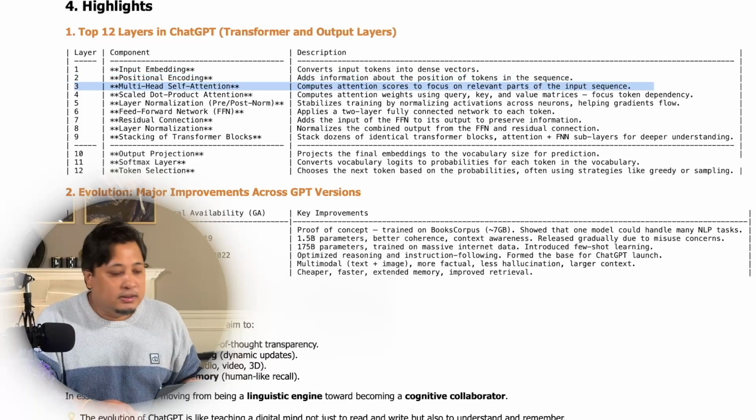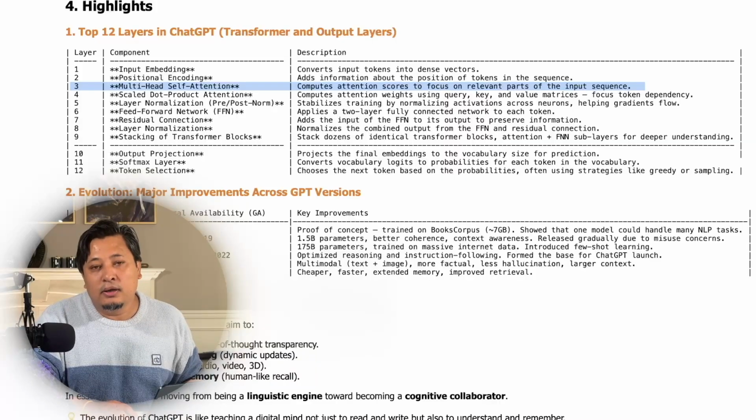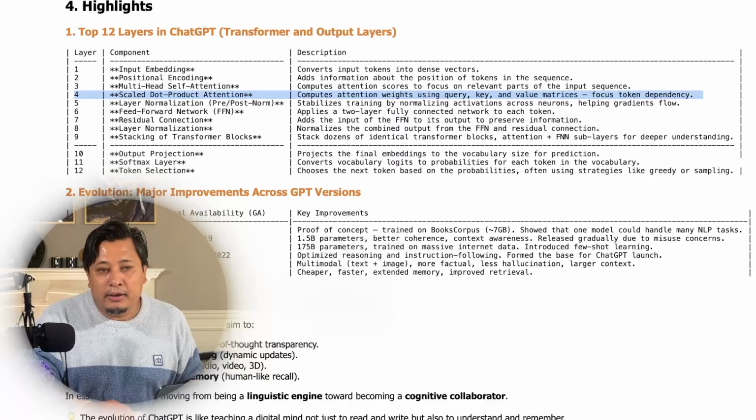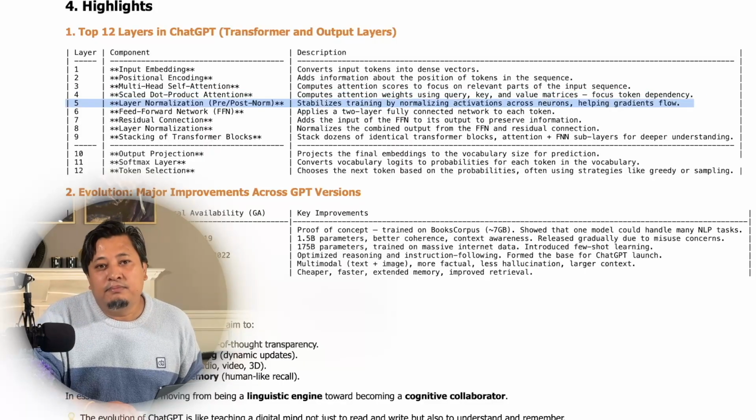The third is the multi-head self-attention layer and it computes attention scores to focus on relevant parts of the input sequence. The fourth layer is the scaled dot-product attention and it computes attention weights focusing on token dependency. The fifth layer is pre and post normalization. It stabilizes training by normalizing activation functions across neurons.